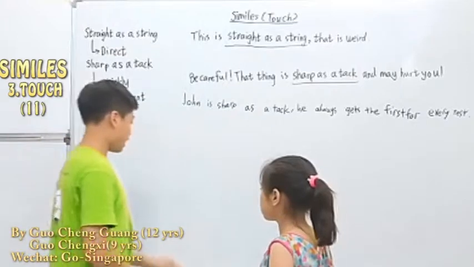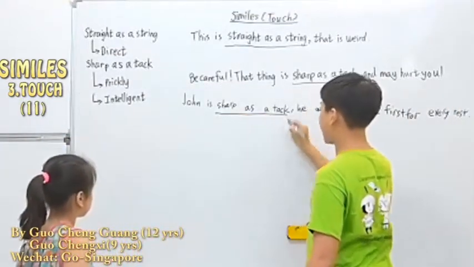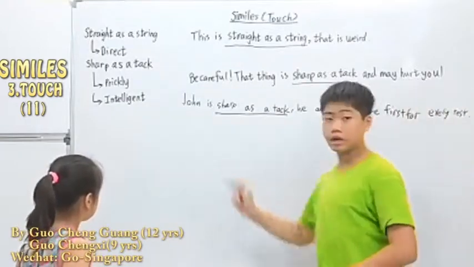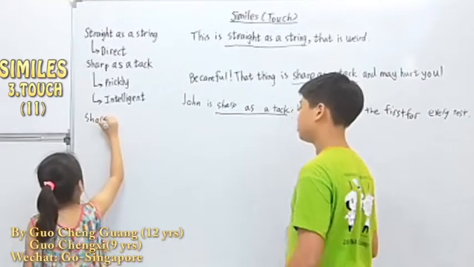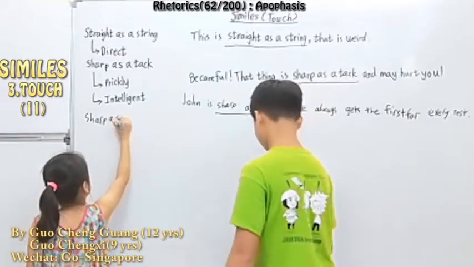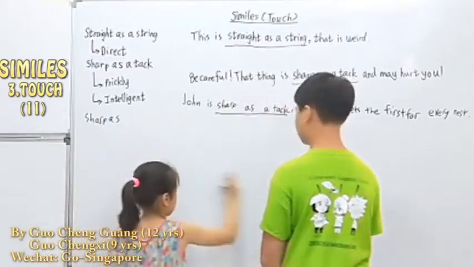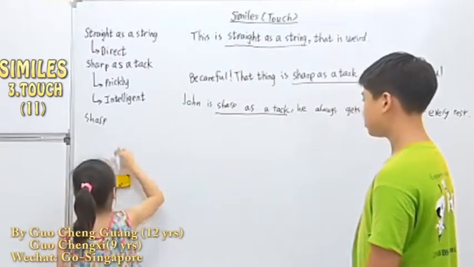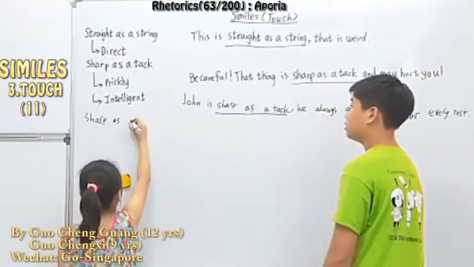Yeah. Then here you have used sharp as a tack. So how about you give one more? Maybe sharp as something. Sharp as. Beware of your spacings. So what do you want?